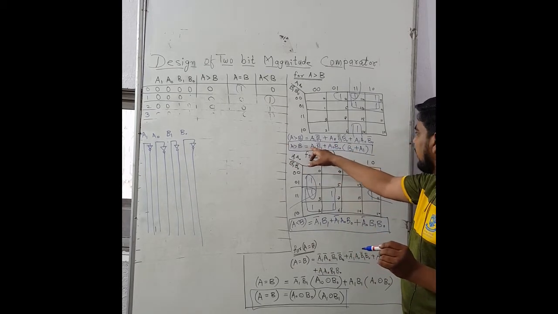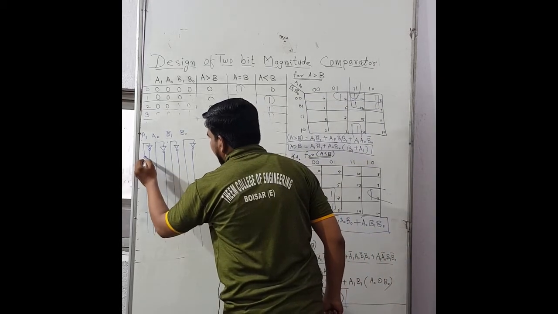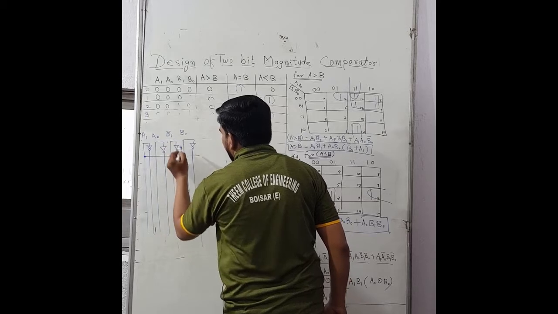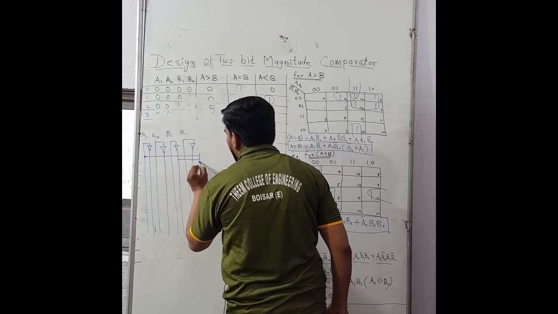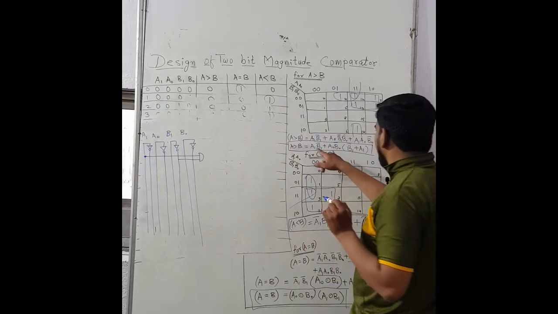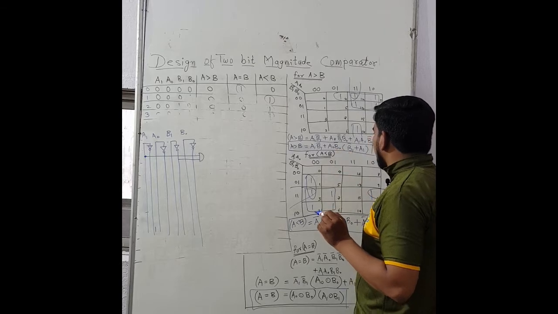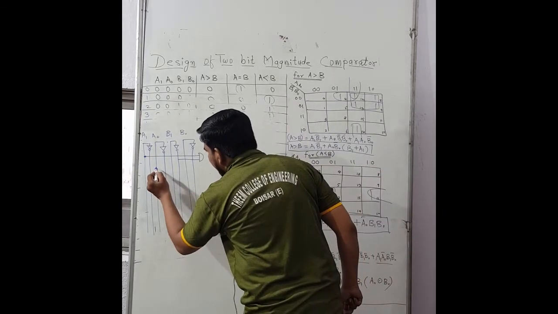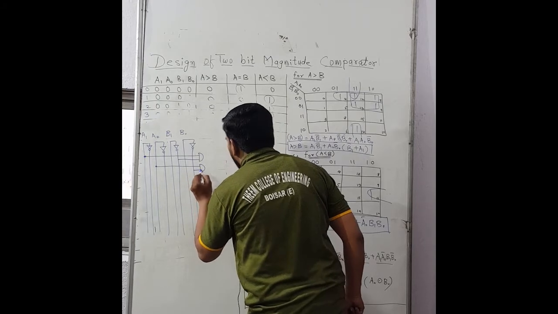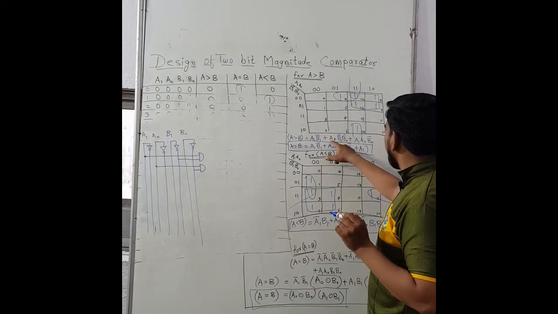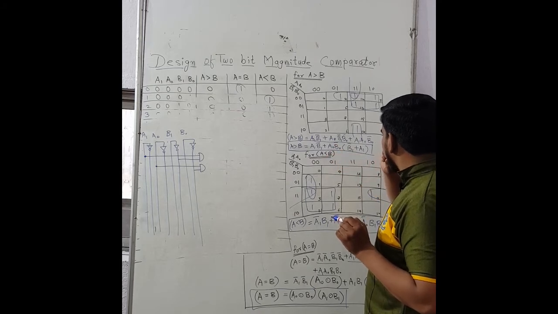Now A1 B1 bar: A1 as it is, this is B1 bar, both are ANDed. Plus A0 B0 bar, A0 from this side, B0 bar, again both are ANDed.